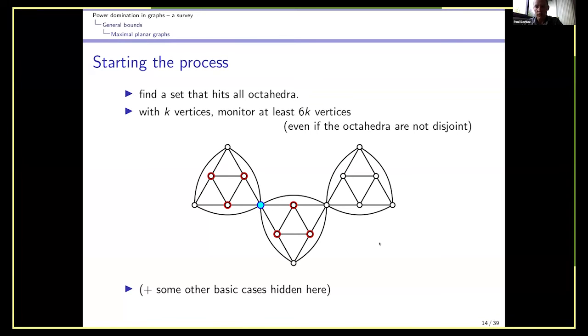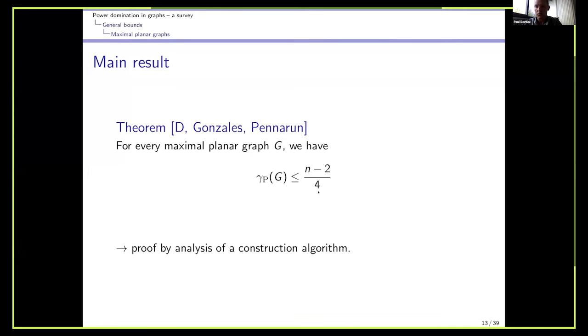With some basic ideas, it's not very hard to show that we can choose this initial set so that the set of vertices monitored initially is at least 6 times the number of vertices we pick.